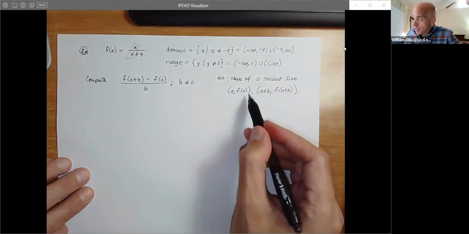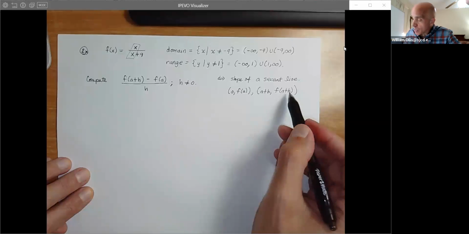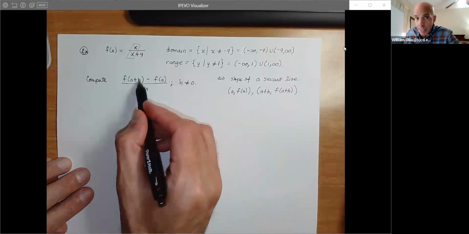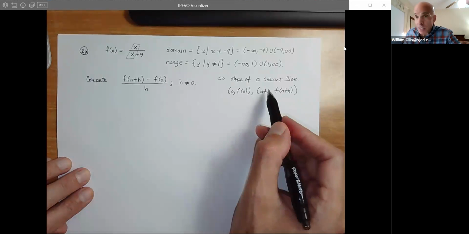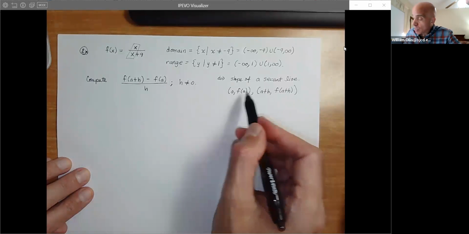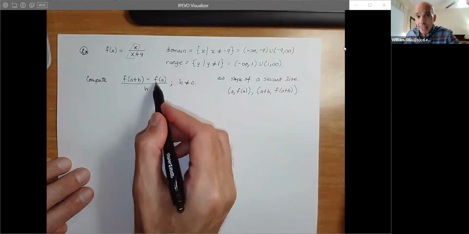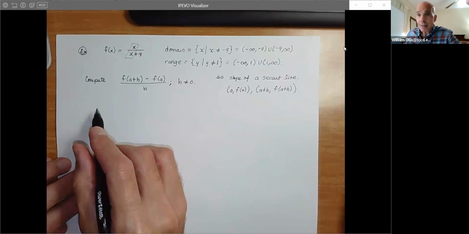So when you take the difference in the y coordinates, you get f of a plus h minus f of a, which you see here, change in y. And then you get a plus h minus a, and that just leaves you with the h. So this indeed is the slope of the secant line.